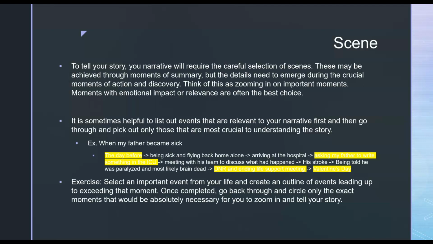From the moment that injury happens until today, there were a lot of scenes. Life has been happening for maybe 5 years. You can't possibly tell us the entire story from beginning to end. So you have to choose certain moments that you think contribute to whatever your message might be.